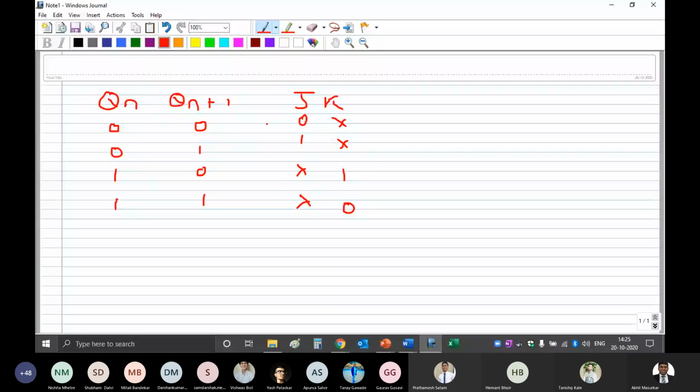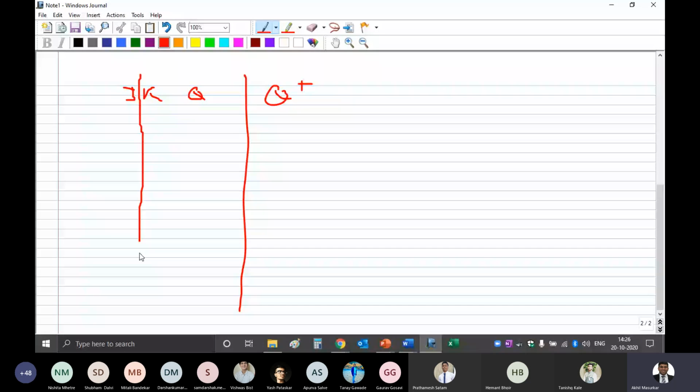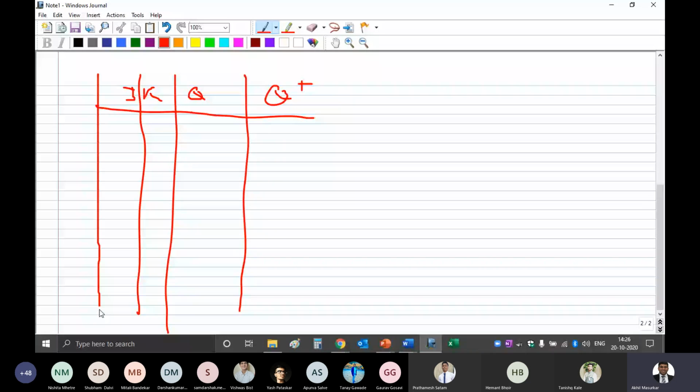Now, you should also note that JK are my present inputs and Q is my present output, and I want to now write Q plus. So I'm just drawing these columns for you. I go to the basic definition of the JK flip-flop.